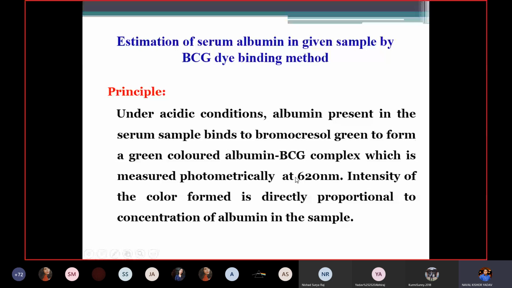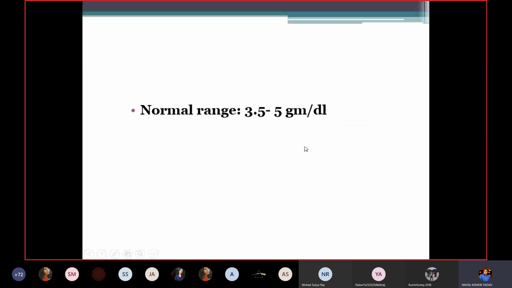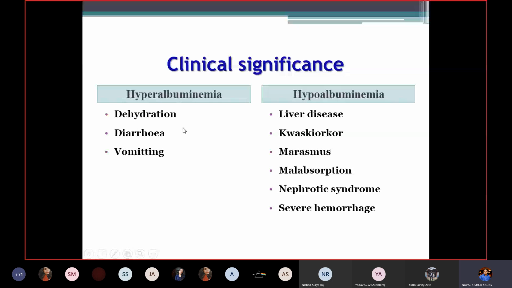This you have to mention. Normal range of albumin is 3.5 to 5 gram per deciliter. Clinical significance you have to mention, that is hyper and hypo. Hyperalbuminemia: dehydration, diarrhea, and vomiting. Hypoalbuminemia: conditions causing decreased albumin level, malabsorption, and liver disease. You have to mention these in the exam.